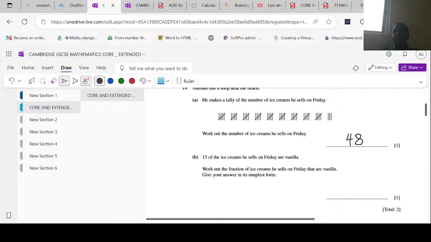Okay. The next one: 15 of the ice creams sold on Friday are vanilla. Work out the fraction of ice cream sales on Friday that are vanilla. Give your answer in the simplest form. So how do we do this?